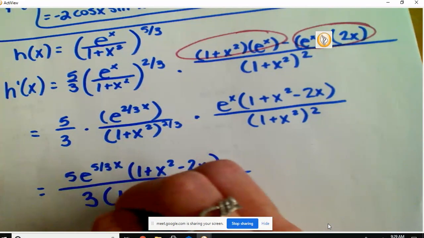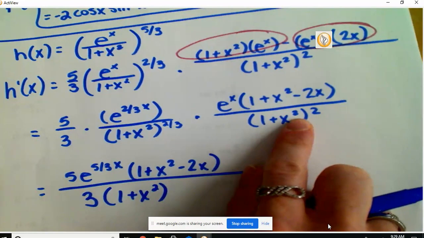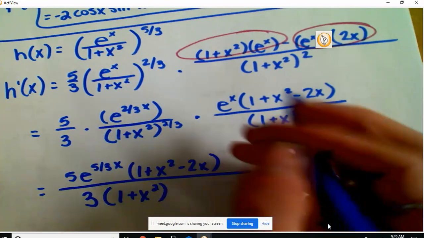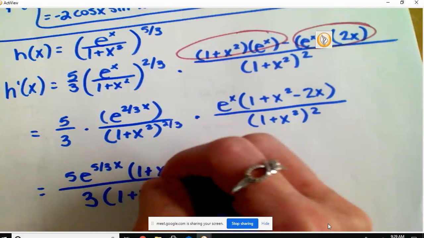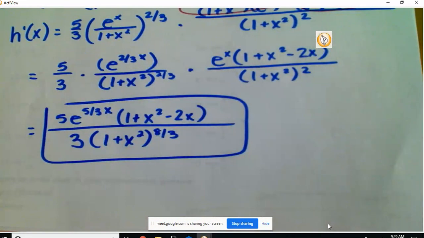We have a 1 plus x squared to the 2/3 and to the 2nd. So if you add those, you get 8/3. Again, this is a problem where there are several ways you might have your answer written. This is where I stopped on my answer key. Questions there?